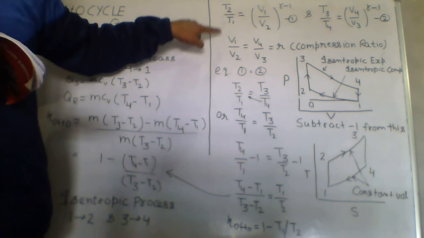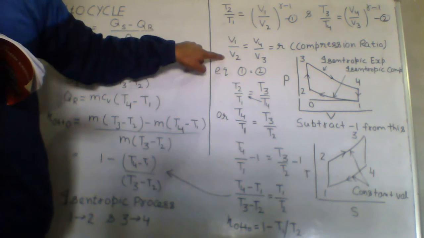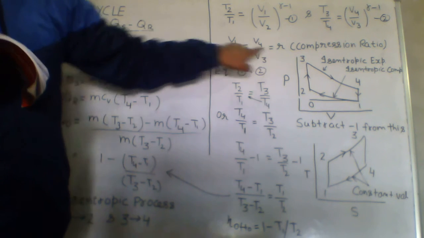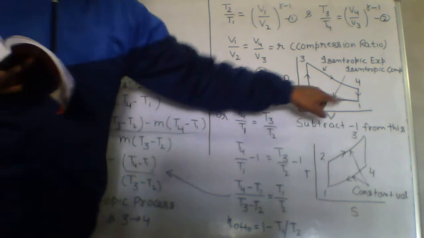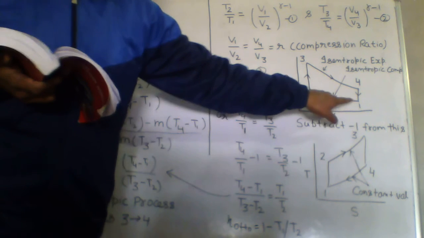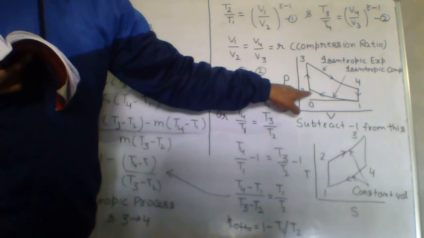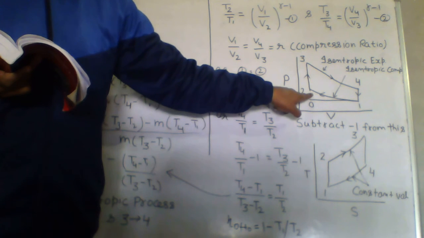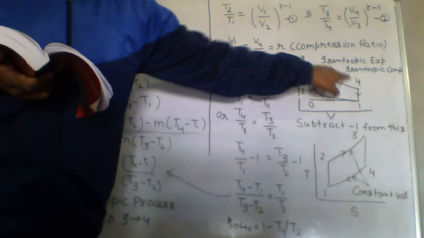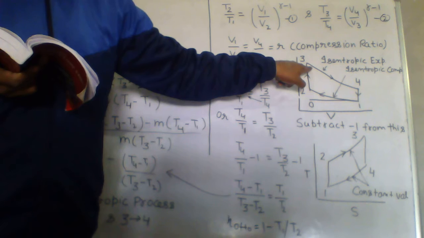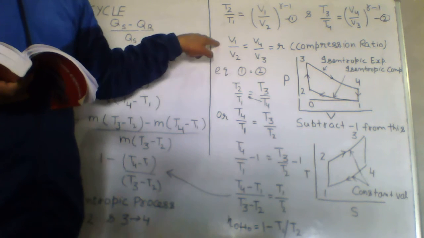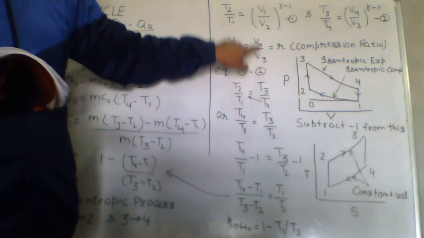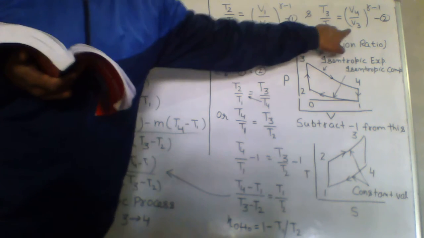We know the V1 by V2 ratio is called the compression ratio, and V4 by V3 is called the expansion ratio. So we will replace these by r.